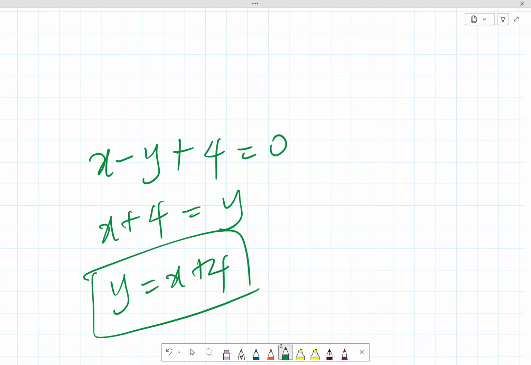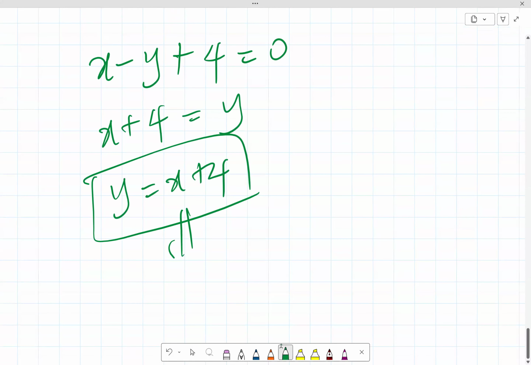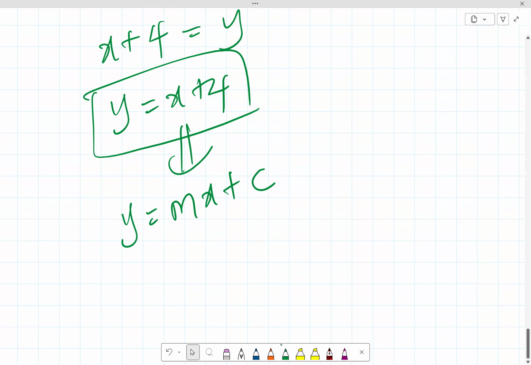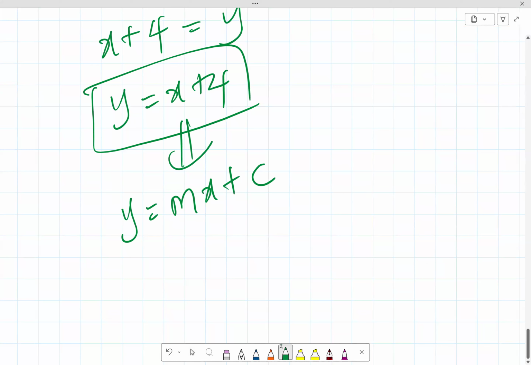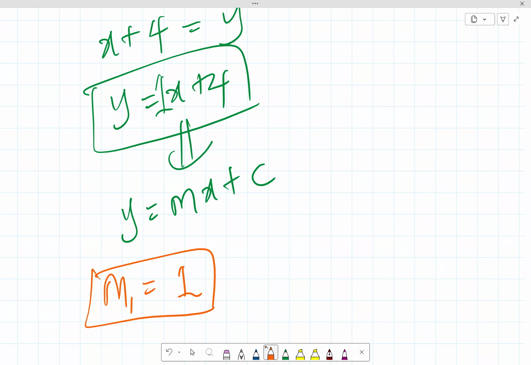That is the equation in the form y equals mx plus c. So that simply tells us that this is 1x. In that case, we say m1 is 1. So the slope there is 1.